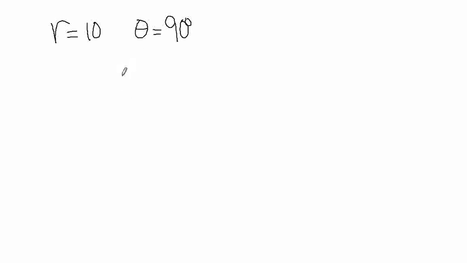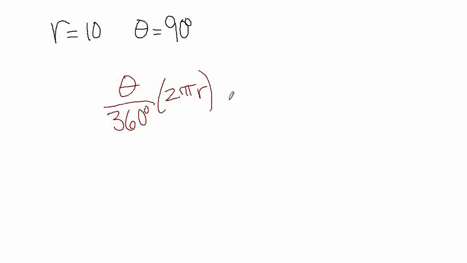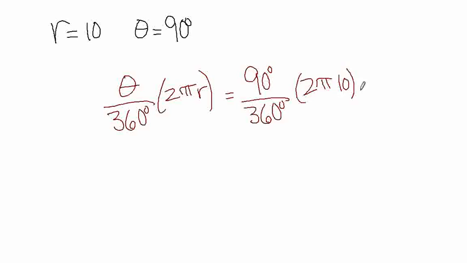Okay, so I'll go ahead and do it. So theta over 360 degrees times 2 pi r. So 90 degrees over 360 degrees, that's a quarter, times 2 pi times 10. So a quarter of 20 pi is 5 pi.